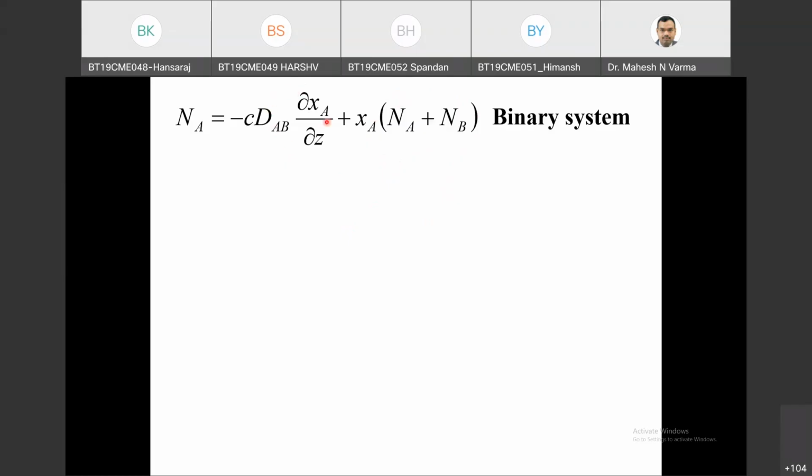What is represented by the first part? What is represented by the second part? So what is this first part? Spandan, your mic is off. Are you doing this intentionally or what?